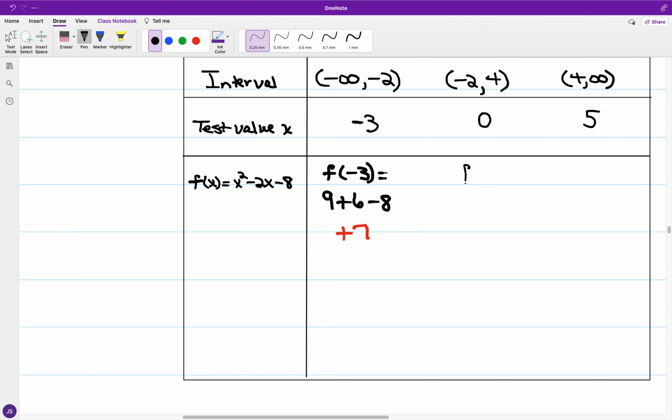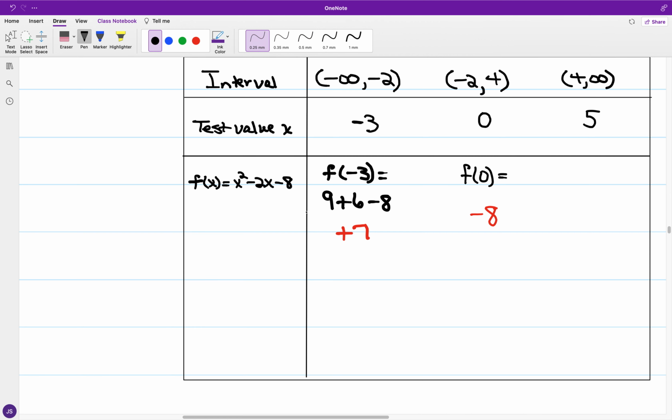Now in the case of f of 0, you got 0 squared is 0, -2 times 0 is 0, and 0 minus 8 will come out to -8.